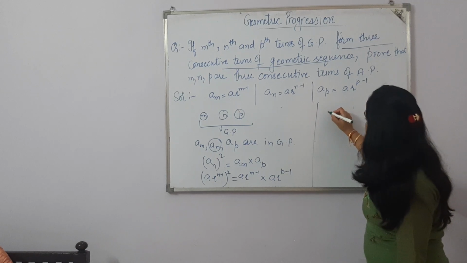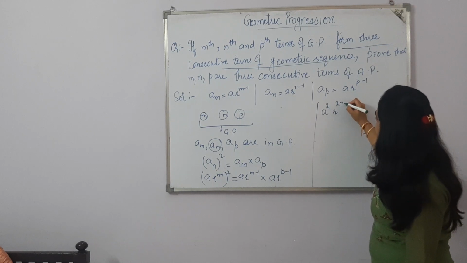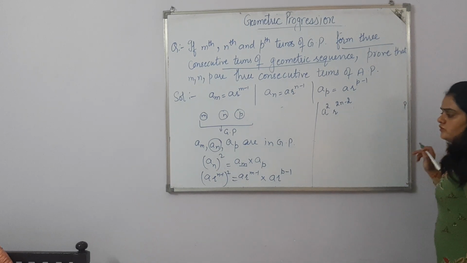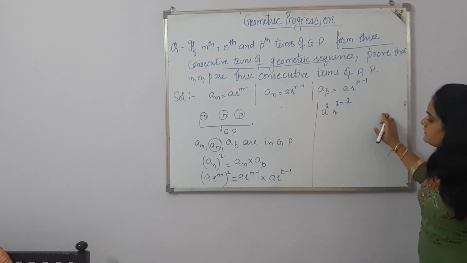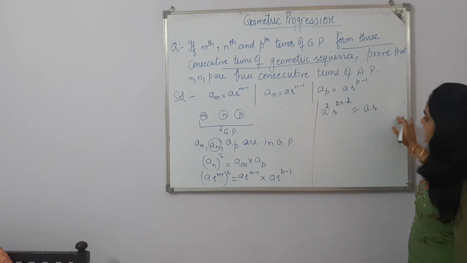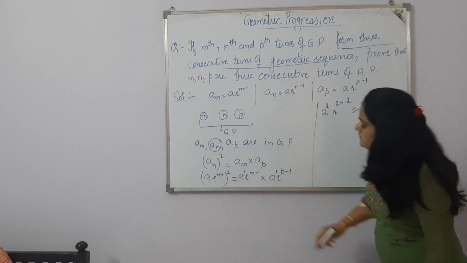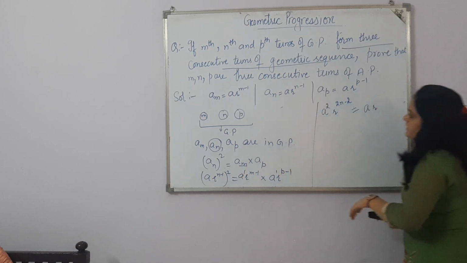Now a raised to power 2, r raised to power 2n minus 2. Whenever this power 2 comes inside, it becomes a raised to power 2, r raised to power 2n minus 2. On the right side, the bases are the same and there is a multiplication symbol between them, so we can add the powers.